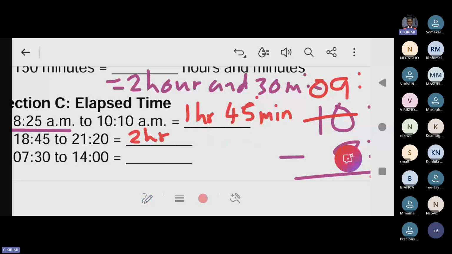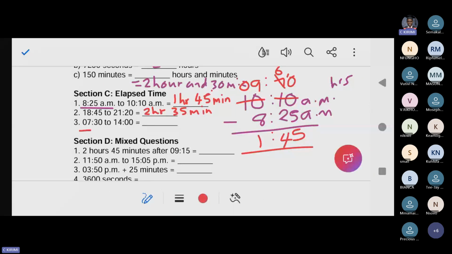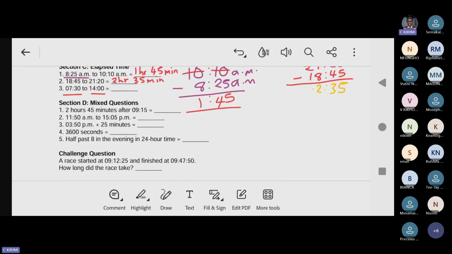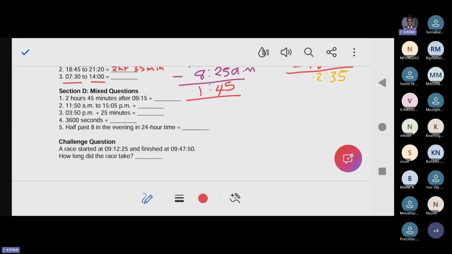Now you are calculating again from 7:30 in the morning to 2 o'clock in the afternoon. You want to see what time has elapsed, so you subtract. We are using the same method, the grade 5 and the grade 6.